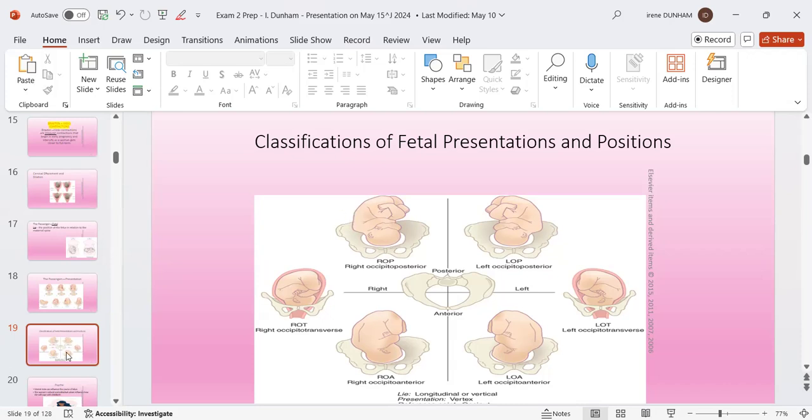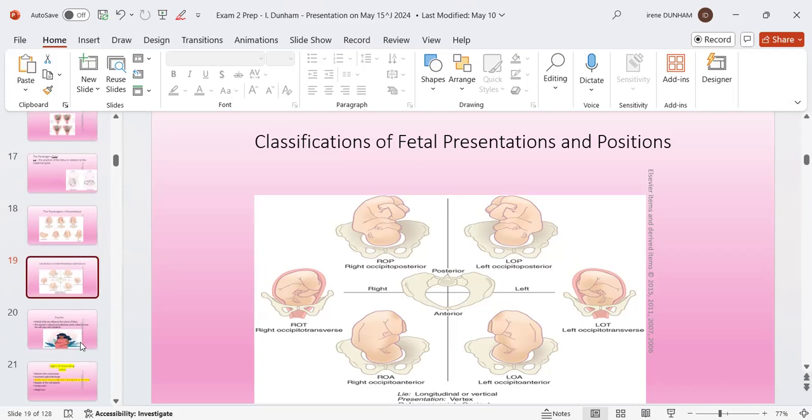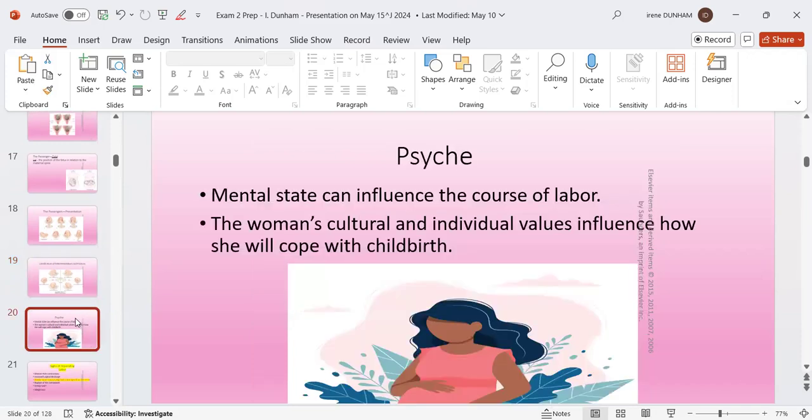Okay. So we're moving right along. So another part of those P's was the psychic. And remember, this is really important. A lot of people just kind of put this to the side, but it's really important because it has to do not only with her cultural but also her individual values, how she's going to cope with the childbirth pain. I've had ladies very stoic in labor, didn't say a word.